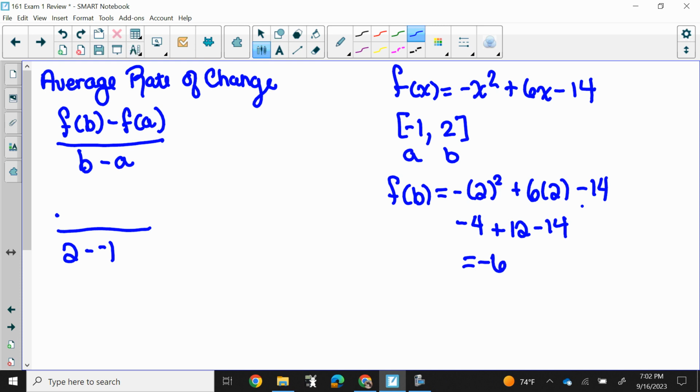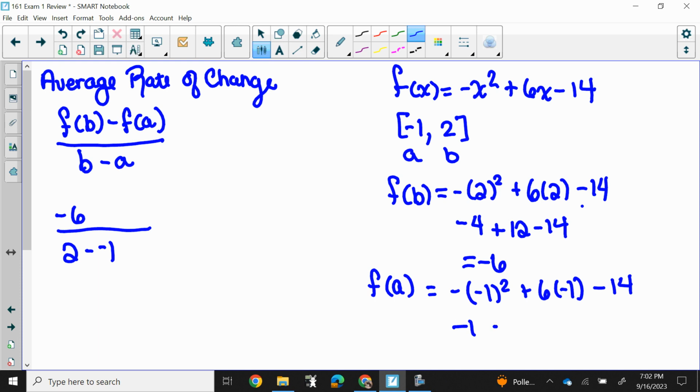So that's going to be right here. And then f of a is equal to negative 1 times negative 1 squared plus 6 times negative 1 minus 14. So that's negative 1 minus 6 minus 14.